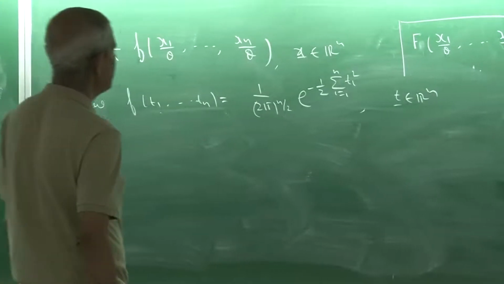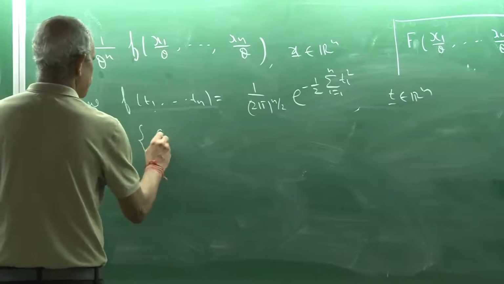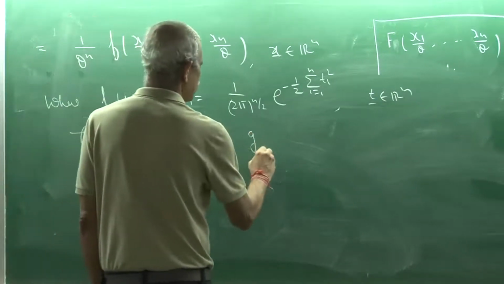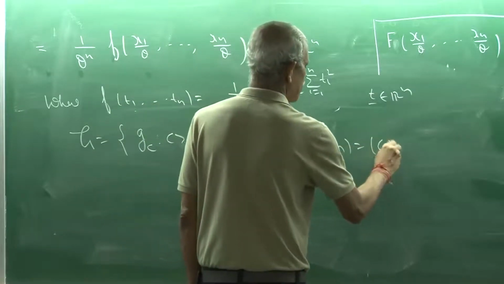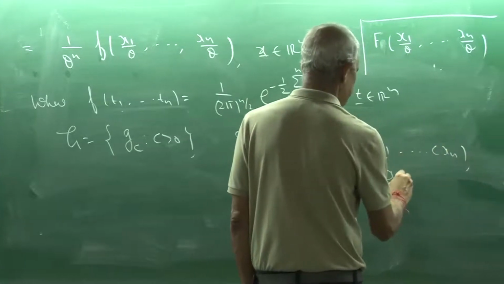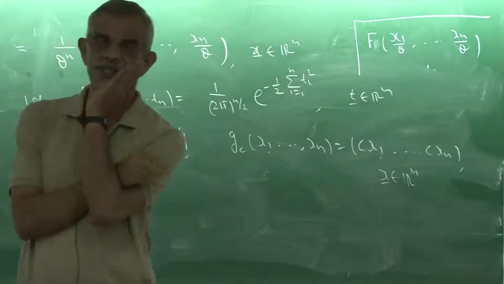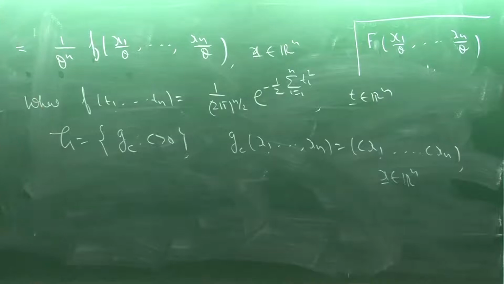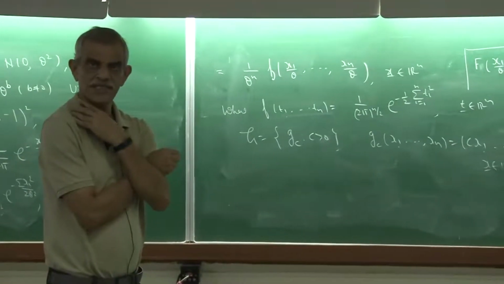So the problem is invariant under the group of transformations g_c, c positive, where g_c of x1, x2, ..., xn is the same as c x1, c x2, ..., c xn. No issues with this. I know that the easiest approach is first to try to find a complete sufficient statistic.